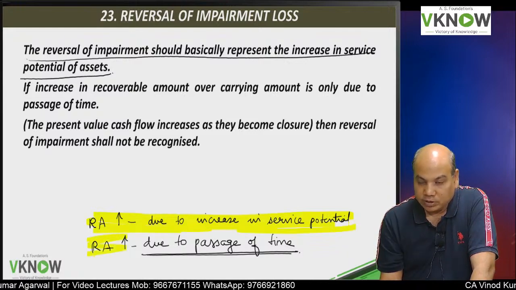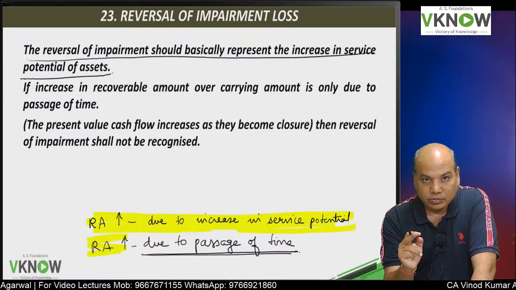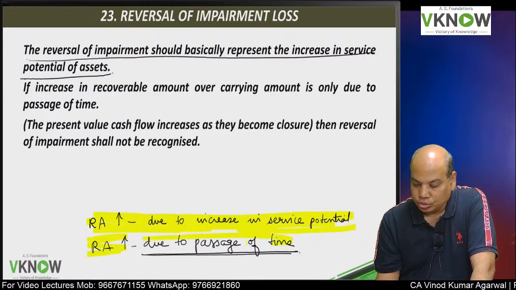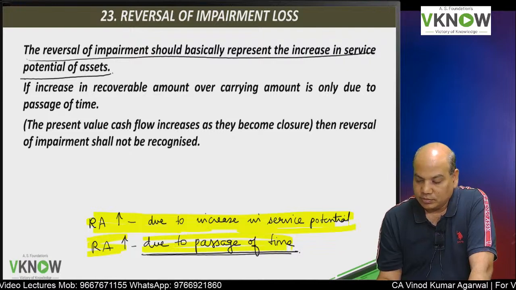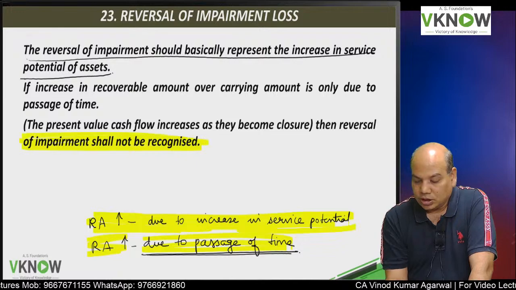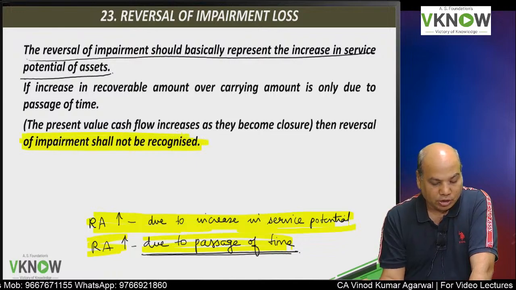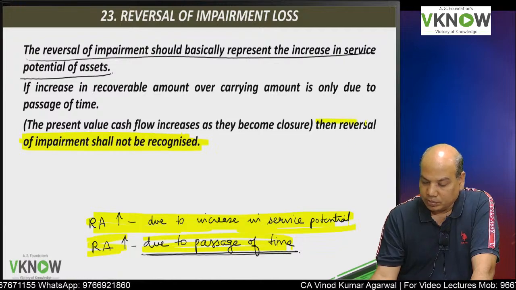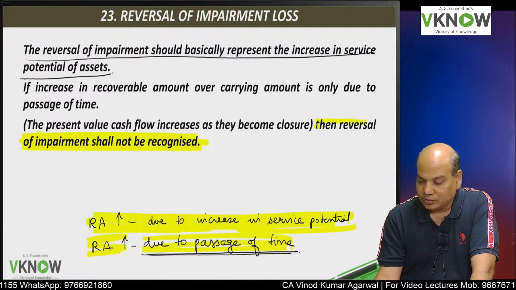But if the recoverable amount is increasing due to just the passage of time, then impairment loss, underline here in your book, shall not be reversed. Reversal of impairment loss shall not be recognized.